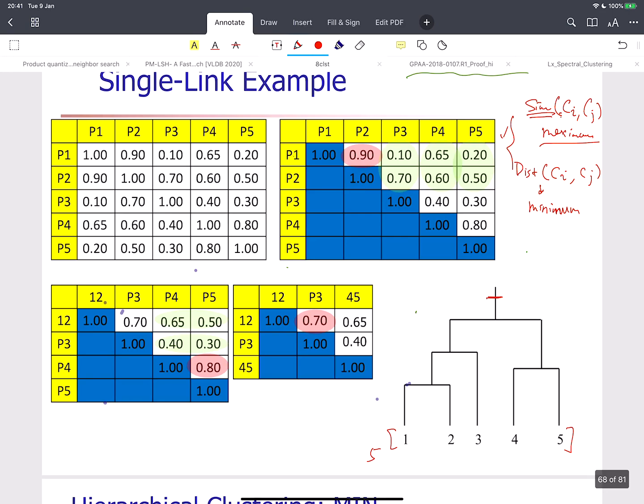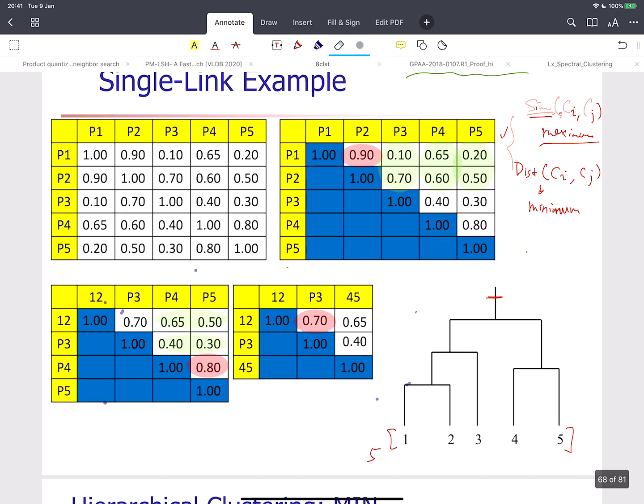Intuitively, we should never merge two clusters which are totally different into a larger cluster, because it directly violates the desirable conditions of a cluster.